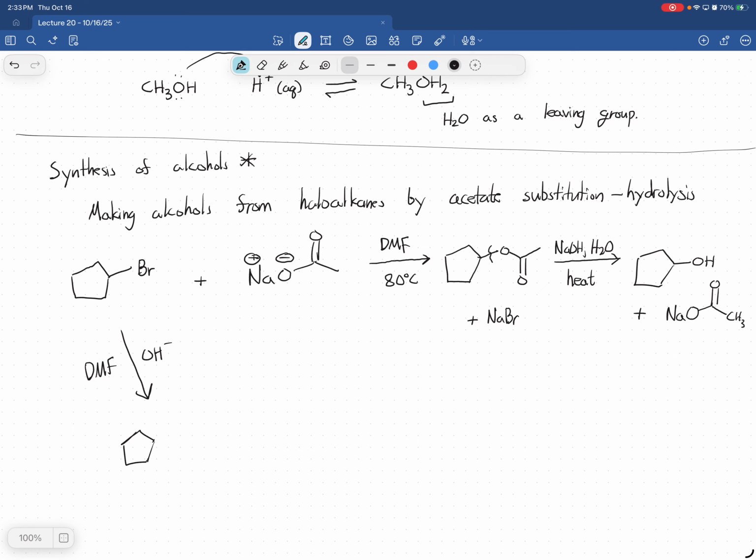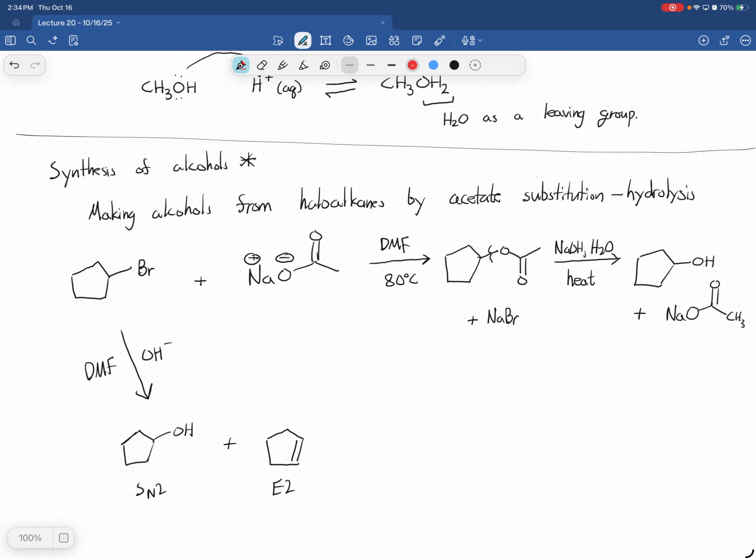Well, you will get the alcohol, but you're going to get a significant amount of elimination product as well. Other than SN2, what's the other mechanism that could happen? Not SN1, but E2 or E1. I don't think it's E1 because OH here would be very concentrated, so it'll be E2. So you get E2 and SN2.